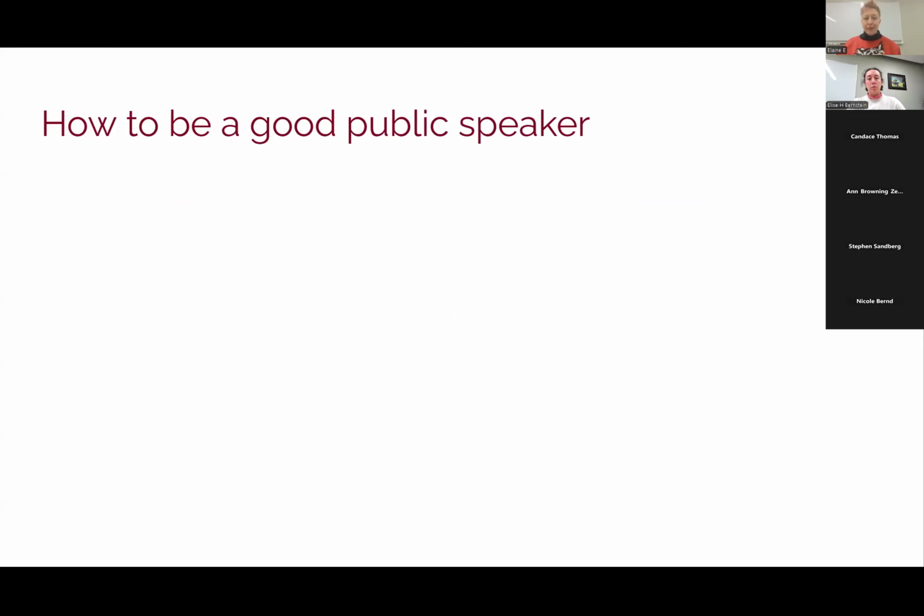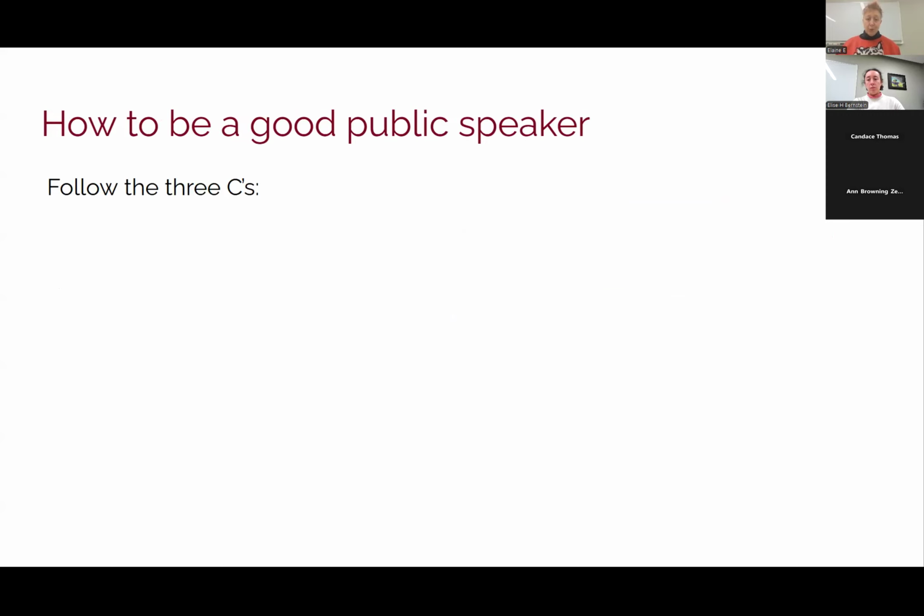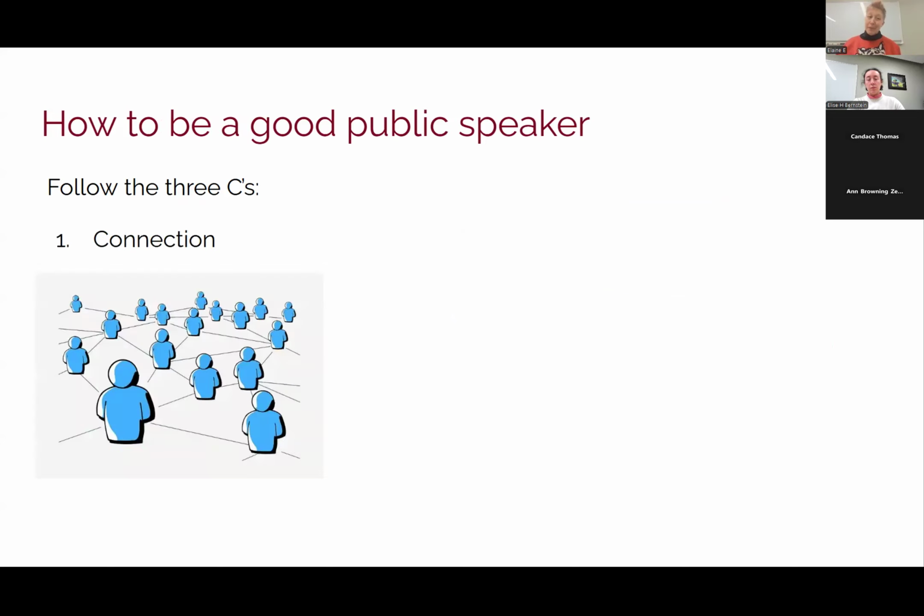So we do have some recommendations for when you are giving talks and presentations, for being a good public speaker. And for that, we talk about the following, the 3 C's. So the first is connection, making sure that you have a connection with your audience.